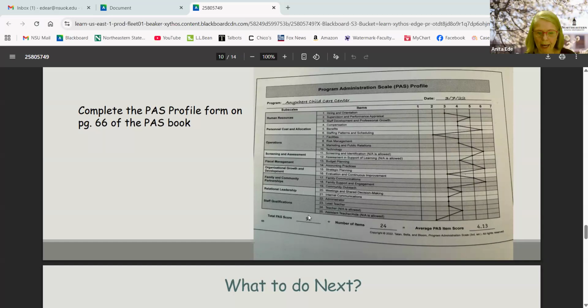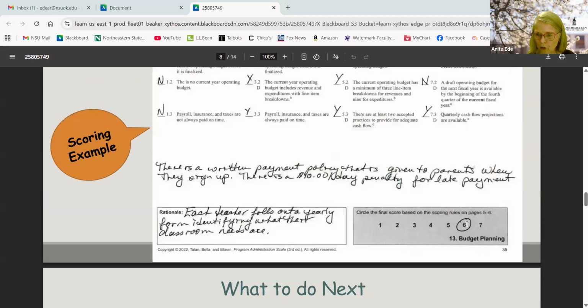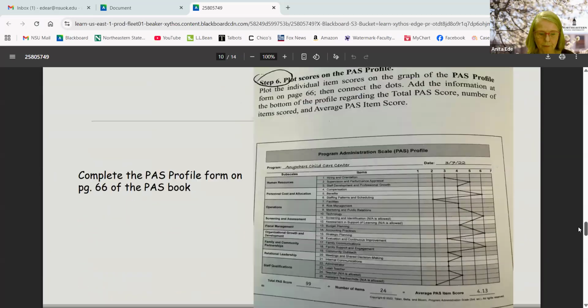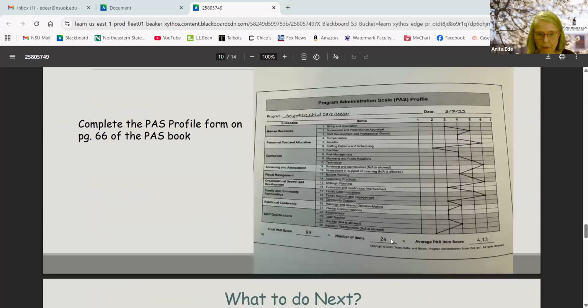And you're going to add up your total PAS scores to give one total score. These are the scores that you're adding. So you'll have 25 scores to add, divided by the number of items, 24 in this case.